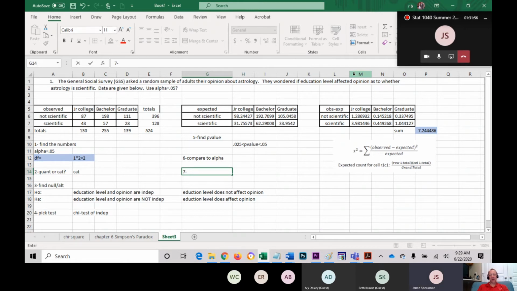This isn't where we write the conclusion, is it? No. It's the step before that. Oh, to reject or not reject it. Reject or not? What do you think? I'm probably going to get this wrong, but not reject. Okay.